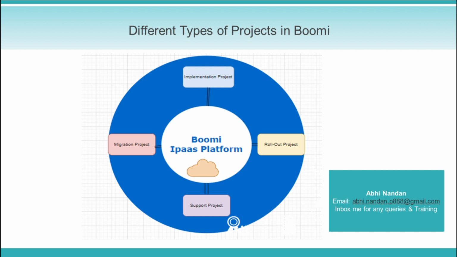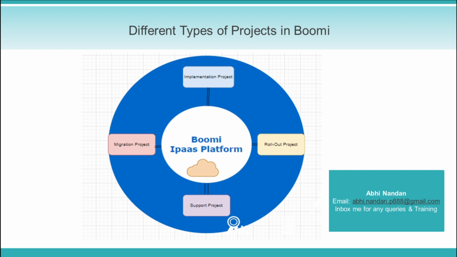First of all, what is meant by an implementation project? In the implementation project, you need to handle the project from scratch, where as a developer you are involved, and you may have a business analyst in between, and the client is also involved. You can communicate with your business analyst to gather the requirements, where the BA is communicating with the customer.